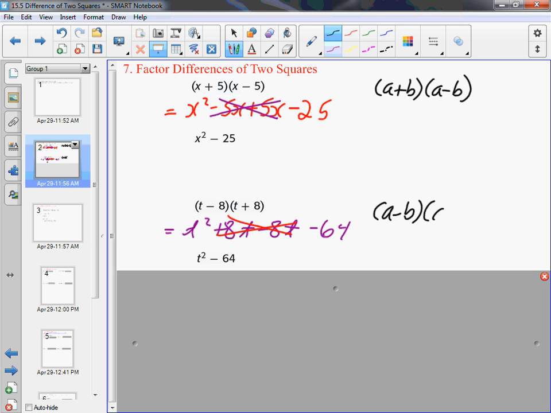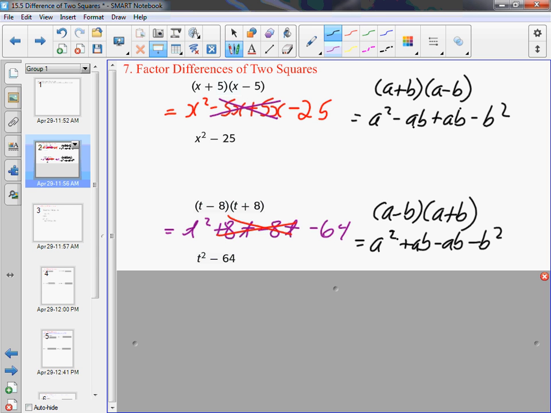Okay? And when we multiply conjugates, either as a plus b times a minus b, or down here as a minus b times a plus b, we will always get a squared minus ab plus ab minus b squared. Down here, the only thing different is I would have the plus ab in front, the minus ab then, minus b squared.